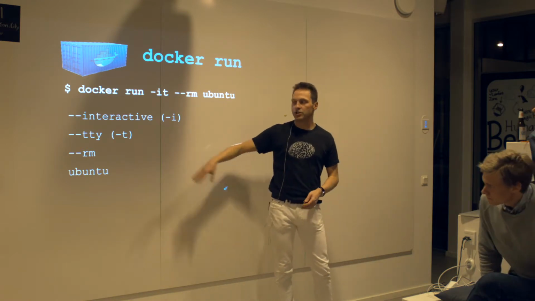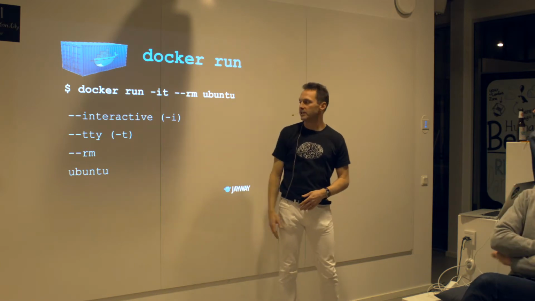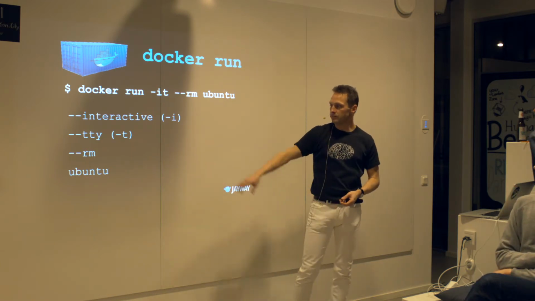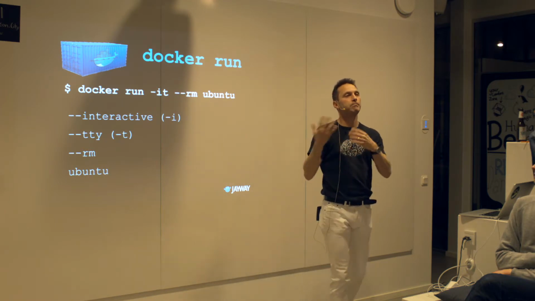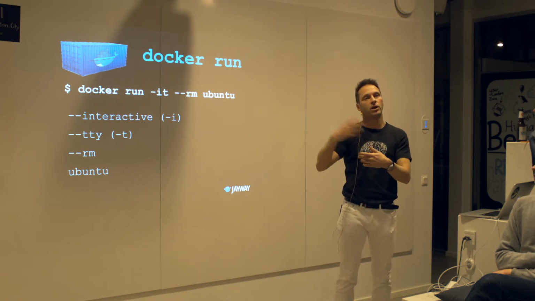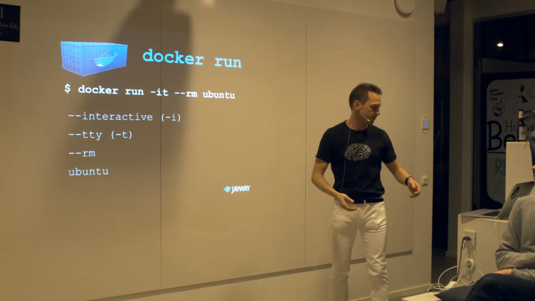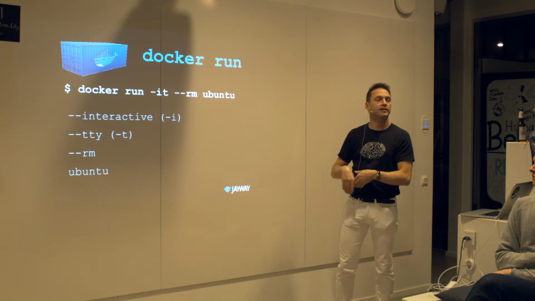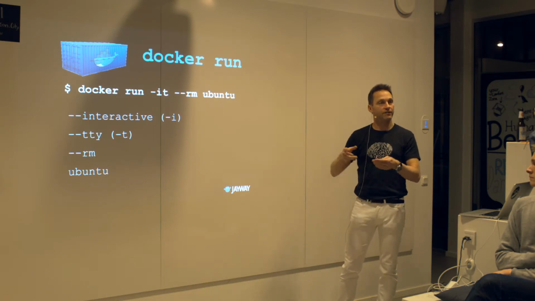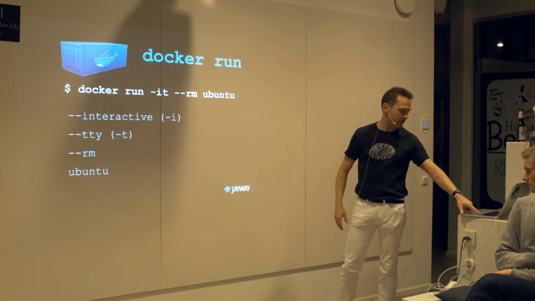So if I send it Control-C, it will stop. And --rm means that I will remove the container once it's stopped, it will automatically be removed. I don't have to do that. I can remove it manually after if I want to be able to go in and inspect it.